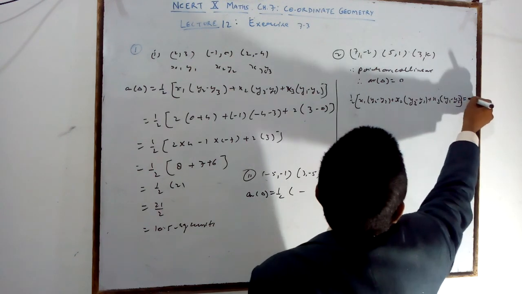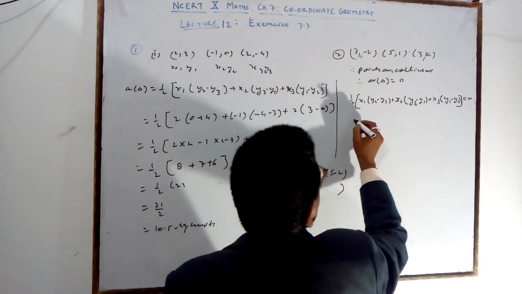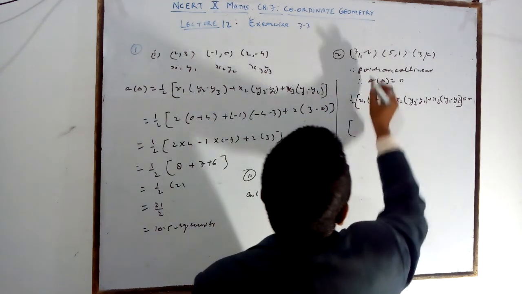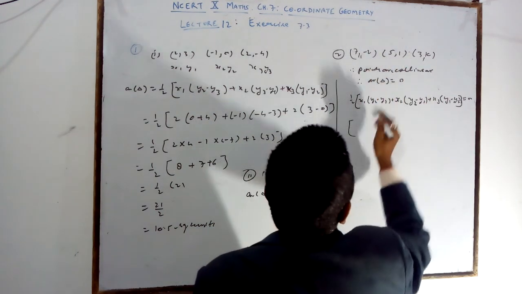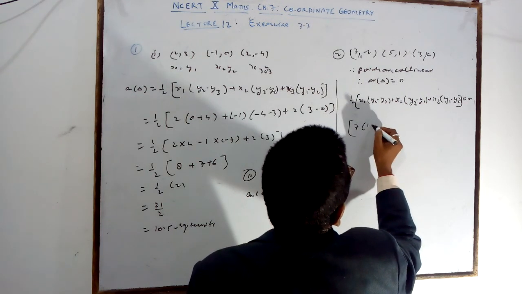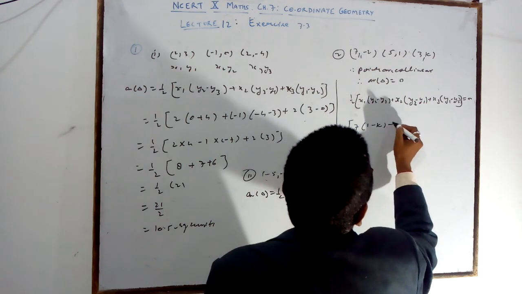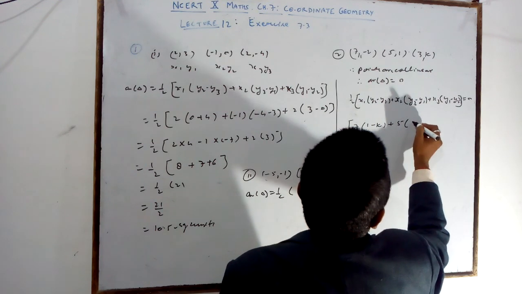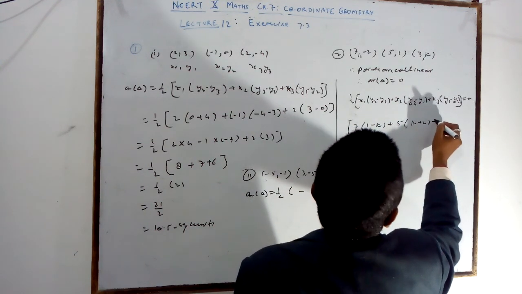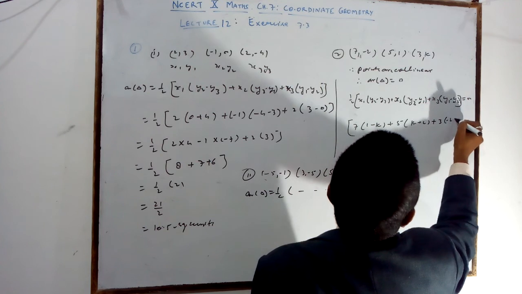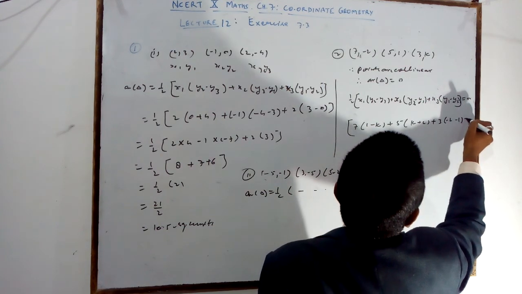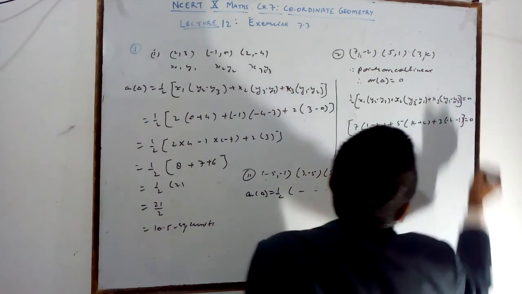0. Half will go to that side, so half will be removed from there. So what will you write? 7(1 minus k) plus 5(k plus 2) plus 3(minus 2 minus 1) is equal to 0.